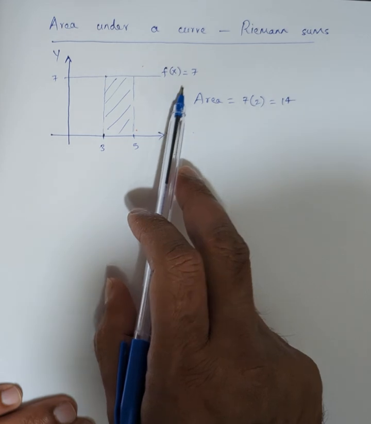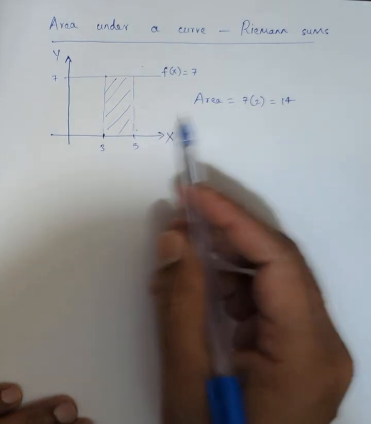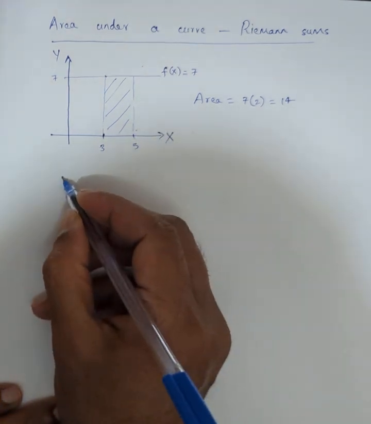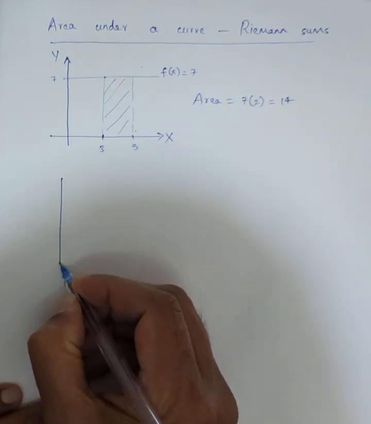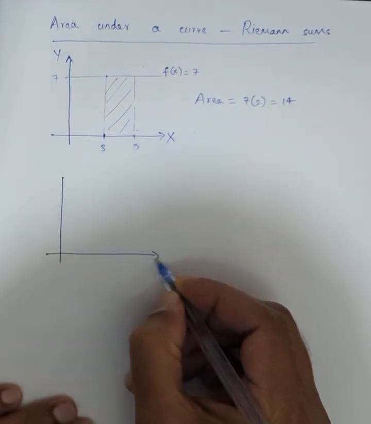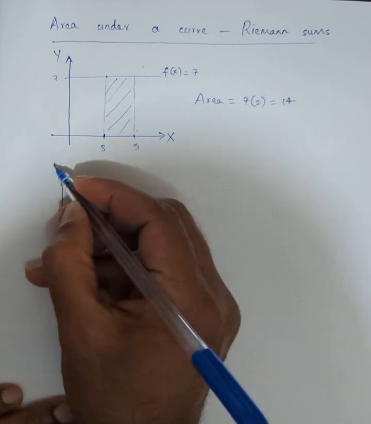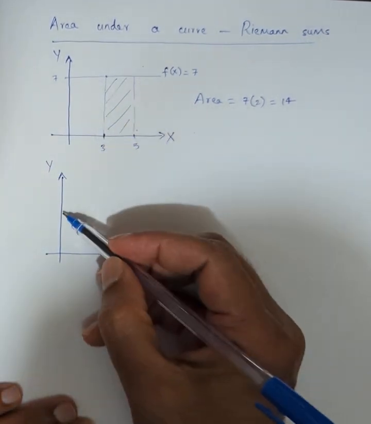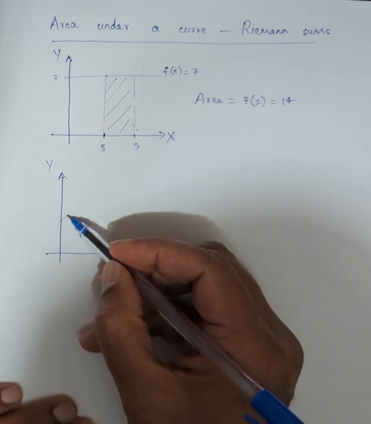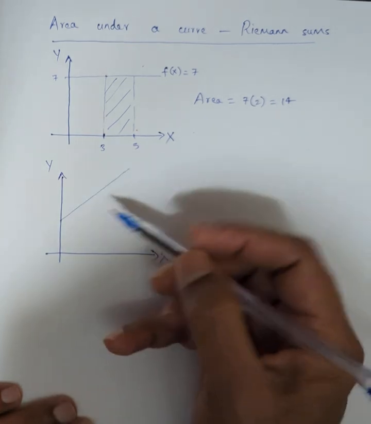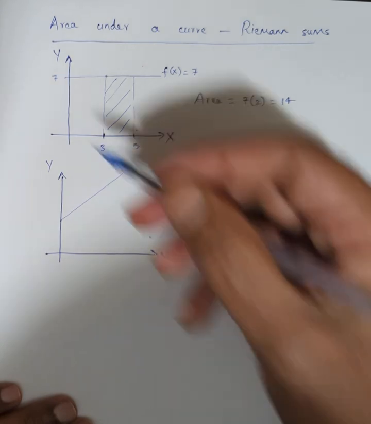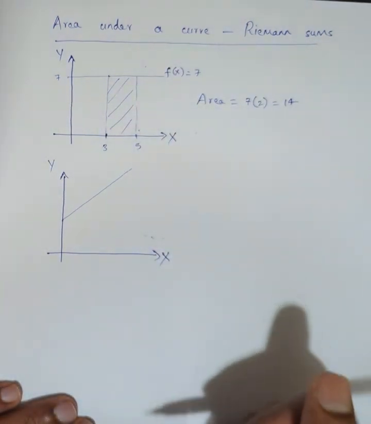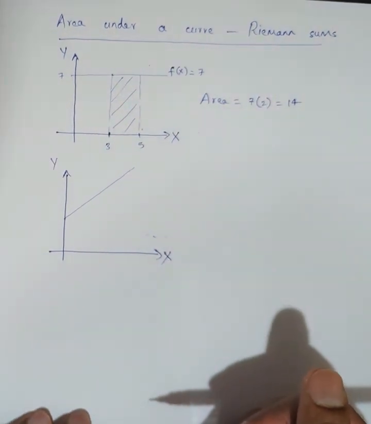So for a constant function, we can use geometry. Now, one other case where it's not that much of a challenge is when you have a linear function, which is not a constant one. A linear function would either rise or fall depending on whether the slope is positive or negative.